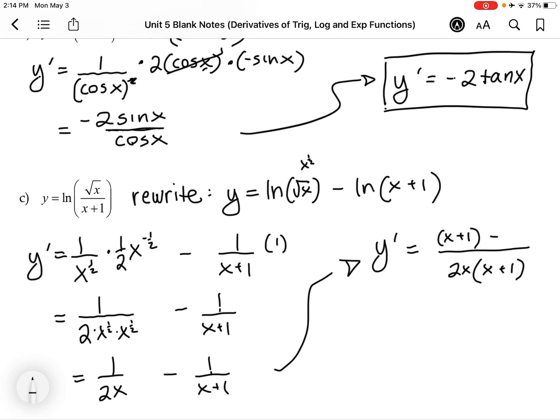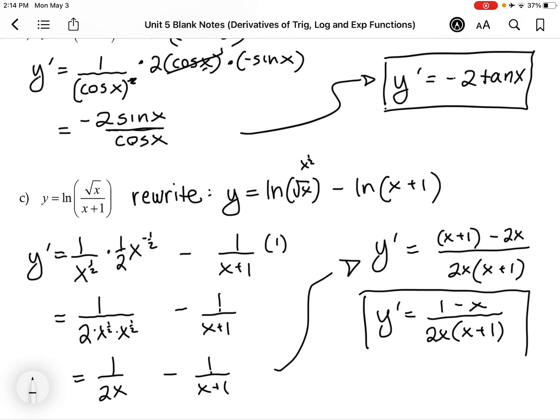And then minus the second one we need to multiply by 2x. Okay, and then we can simplify that. So in the numerator, x plus 1 minus 2x, so that's x minus 2x is negative x. So 1 minus x over 2x times x plus 1. And that is our y prime.